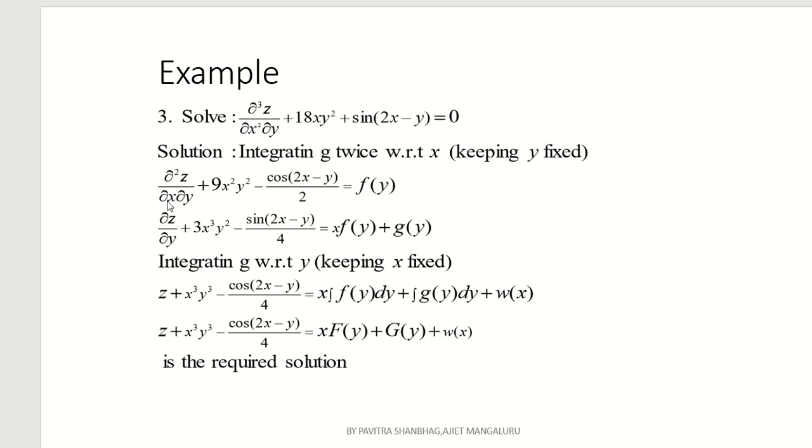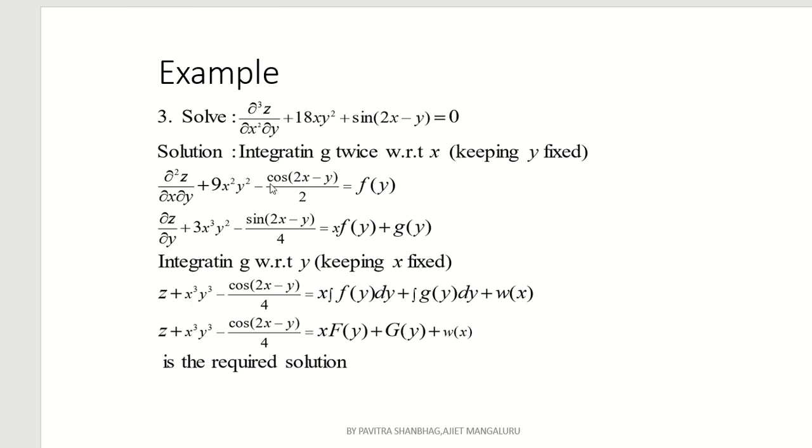Now what we have to do? Again we have to integrate with respect to x. Then ∂z/∂y remains. Plus, with respect to x, 9y² constant as it is. Integration of x² is x³/3, so 9/3 means 3x³y². Now again integrate the cos of the function. Integration of cos is sine.